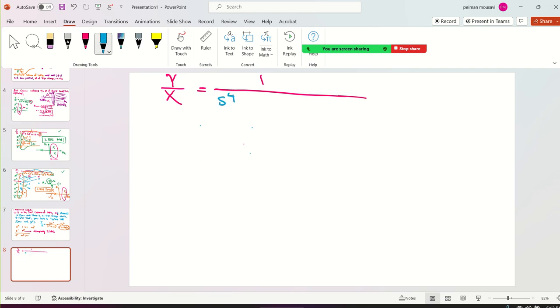Say s4, s cube, s square, s1, and plus a constant number: s4, s cube, s square, s1, and s0. The coefficients are going to be 1, 3, 5, 1, 3.